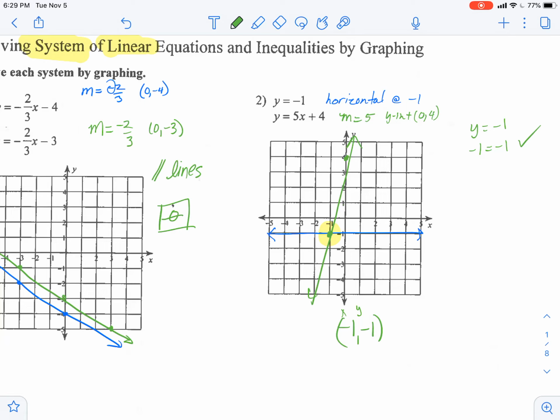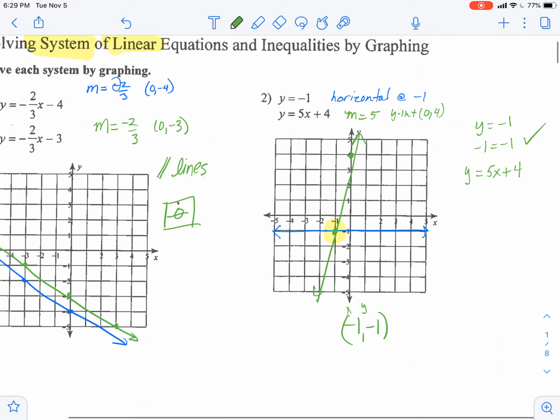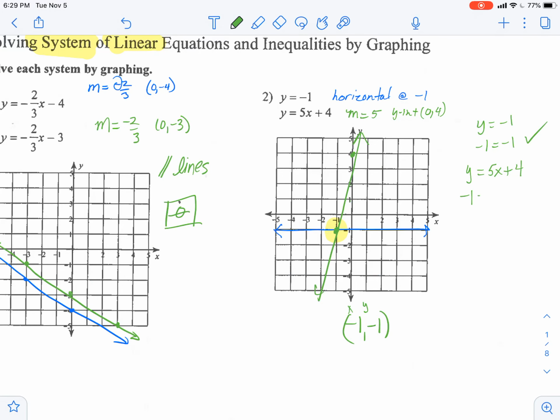If I go to my second equation, y equals 5x plus 4, and I put in -1 for y and -1 for x, I get -1 equals -5 plus 4. So -1 equals -1, and again, that checks. So we can also do a check on these.